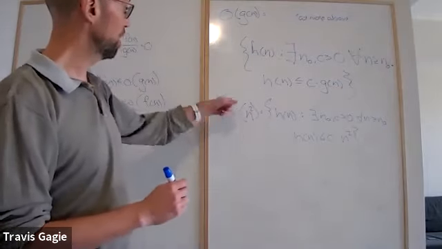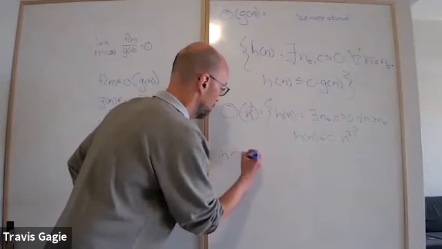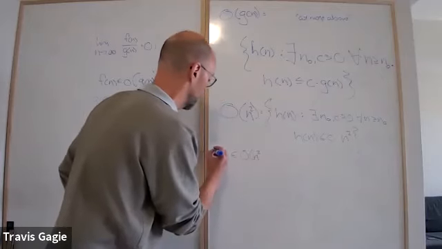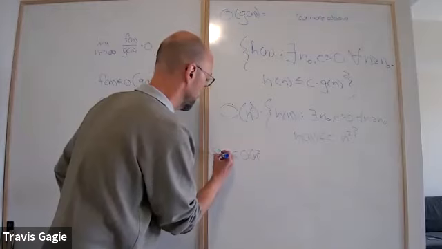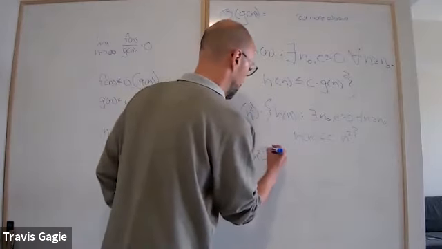Okay, is this true? Is 53 times n in big O of n squared?